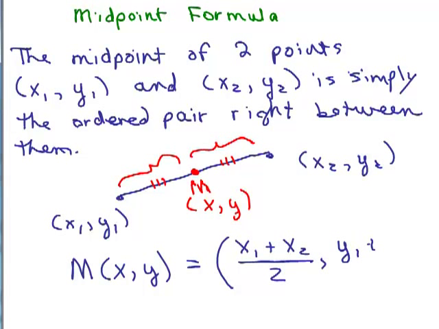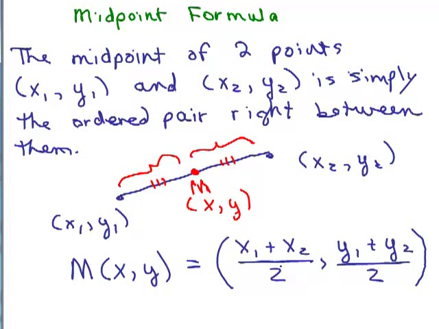The same thing, to get the new y value, it's the average of the y's, so it's y2 plus y1 over 2. So to get the new x coordinate, you would take whatever numbers these are for x1 and x2 and take their average by adding and dividing by 2. And to get the y coordinate of the midpoint, we're going to add the y coordinates and divide by 2. So the midpoint kind of makes sense, right?